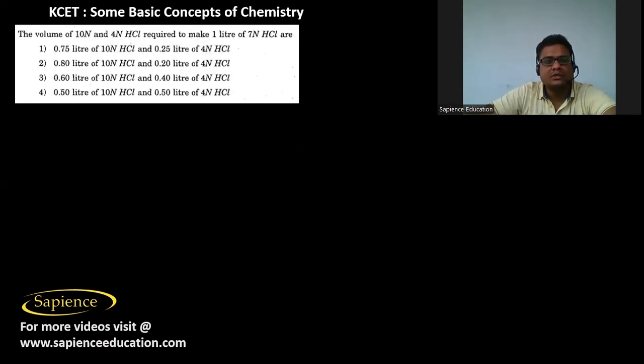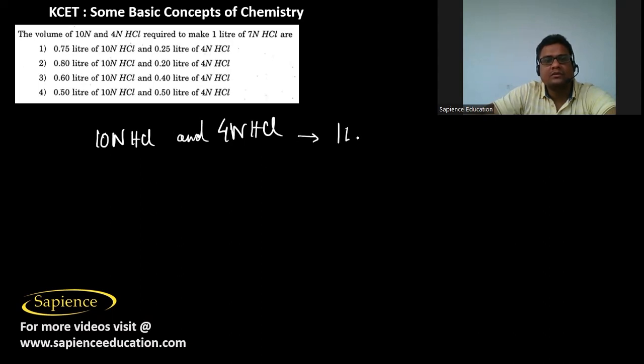Then here it is told the volume of 10 normal HCl and 4 normal HCl that is required to make 1 liter of 7 normal HCl. Therefore here we can say that N1 V1 should be equal to N2 V2.